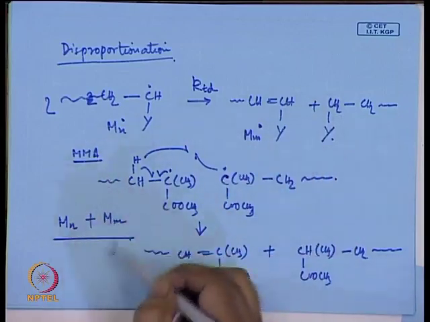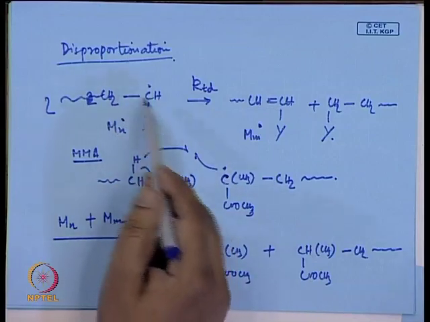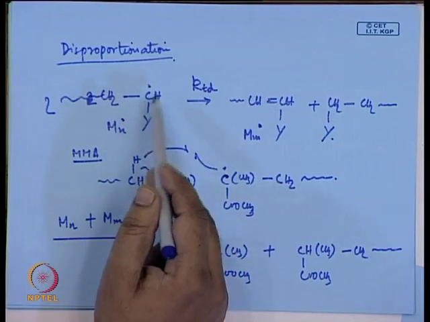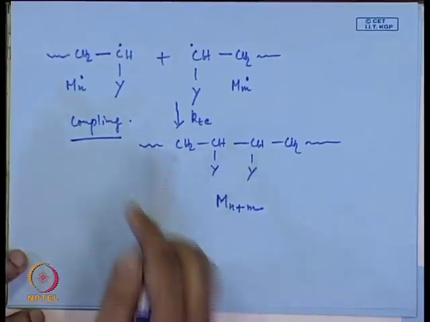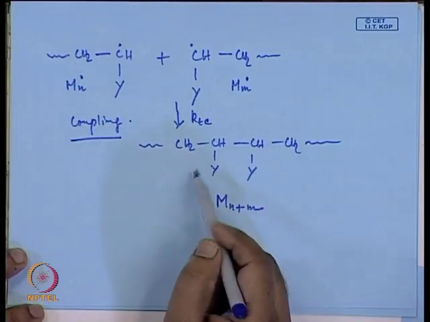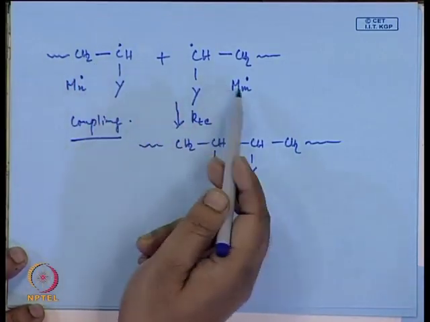The dead polymers have the same size as the reacting polymer, whereas in the earlier case the length of the final terminated chain is the summation of the sizes of the two reacting species.